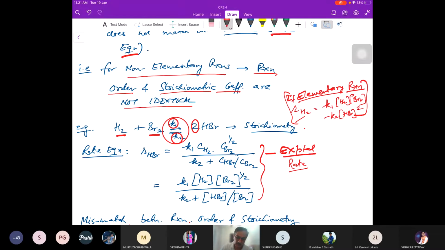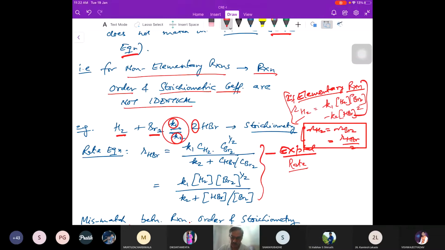HBr का अगर, what is the equation relation? Minus R of hydrogen is equal to minus R of bromine is equal to R of HBr divided by 2. हाँ सर, राइट। अभी क्लियर सर। Right.